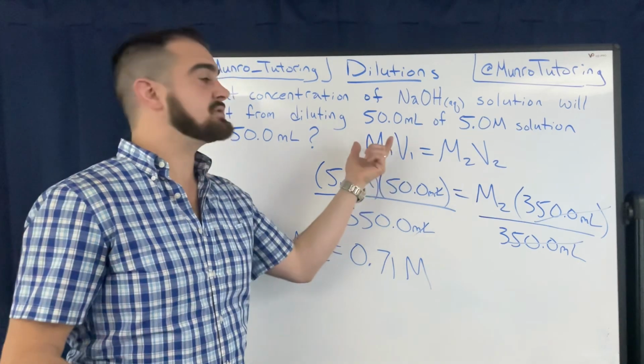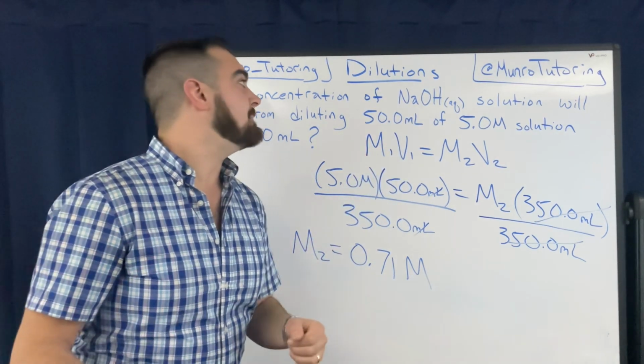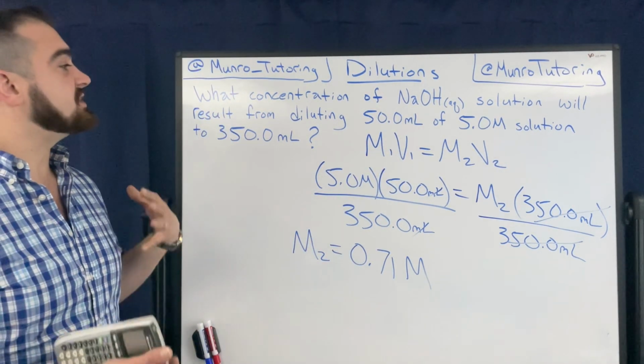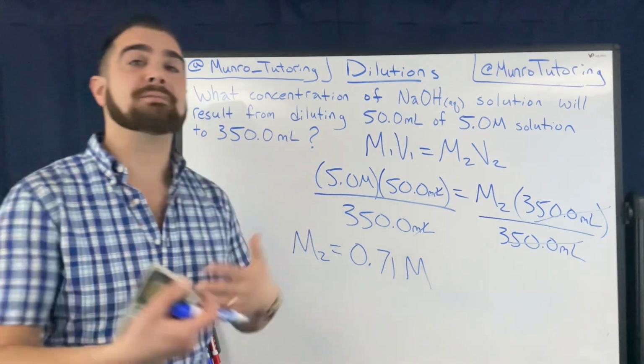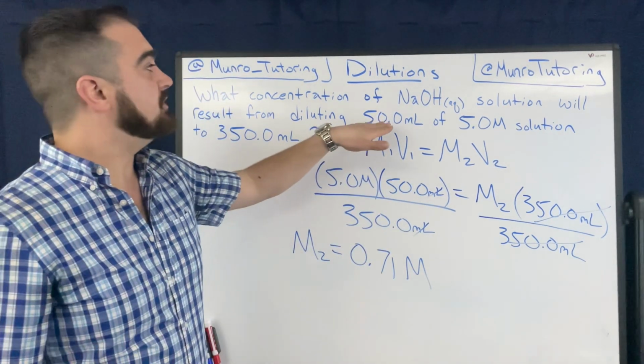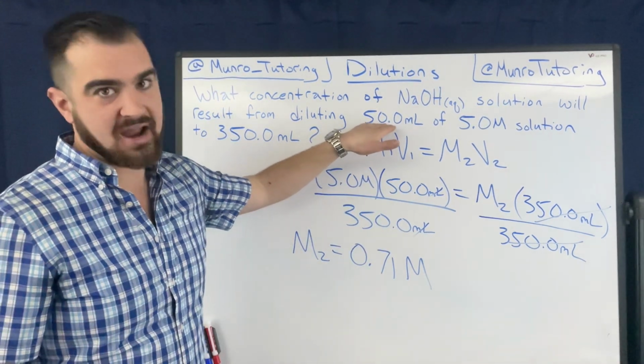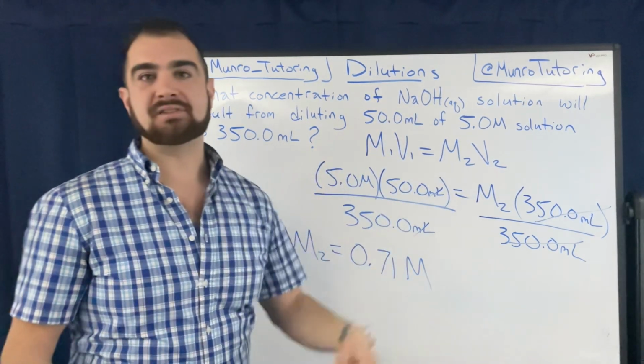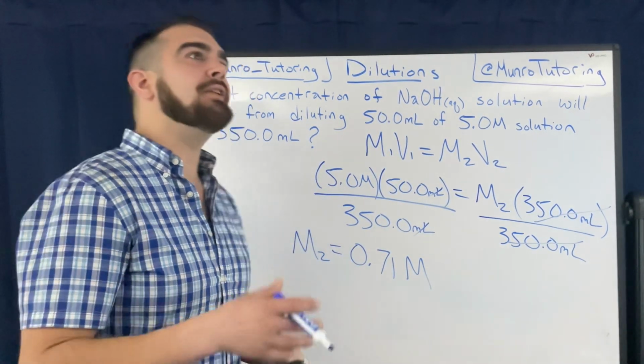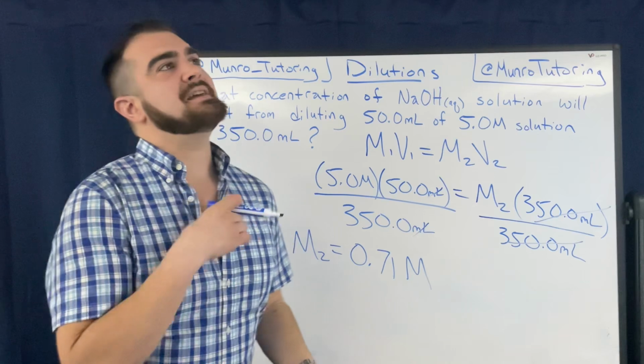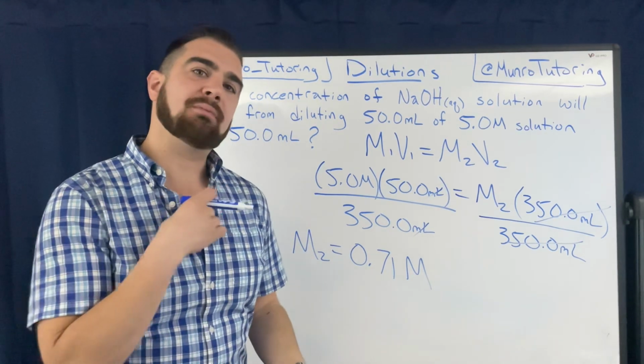So in this case, those are M1 and V1. And just don't mix them up. In other words, if you use this as your V2 accidentally, this whole problem is going to go south, right?